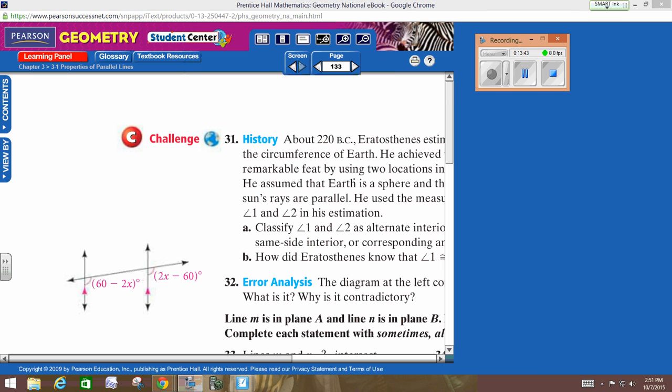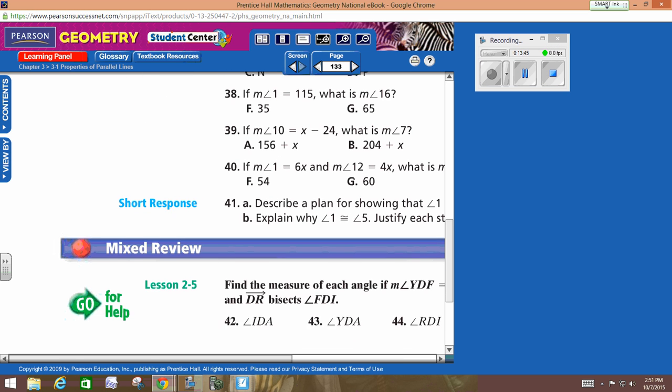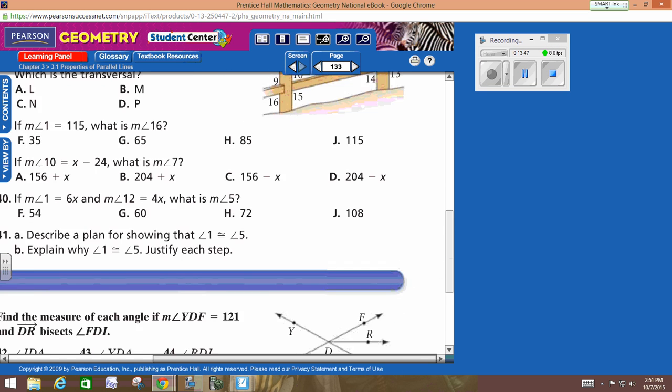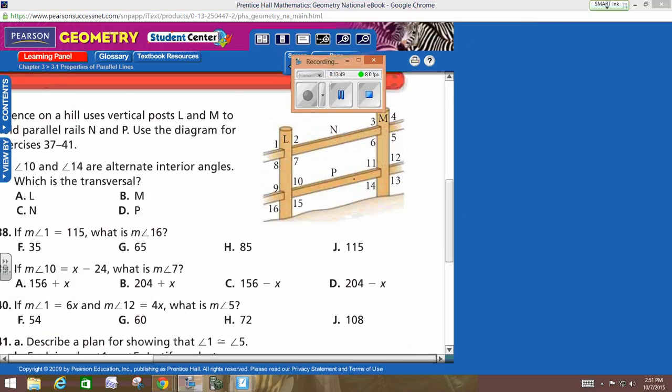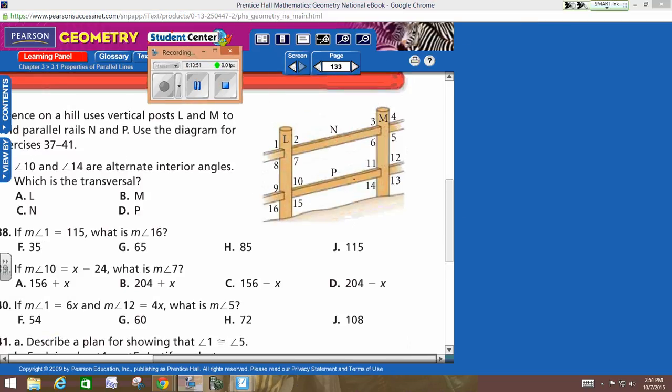Number 41, the book said not to prove it, but I wanted you to prove it. So you're given for 41, should have been L is parallel to M, N is parallel to P. Given.